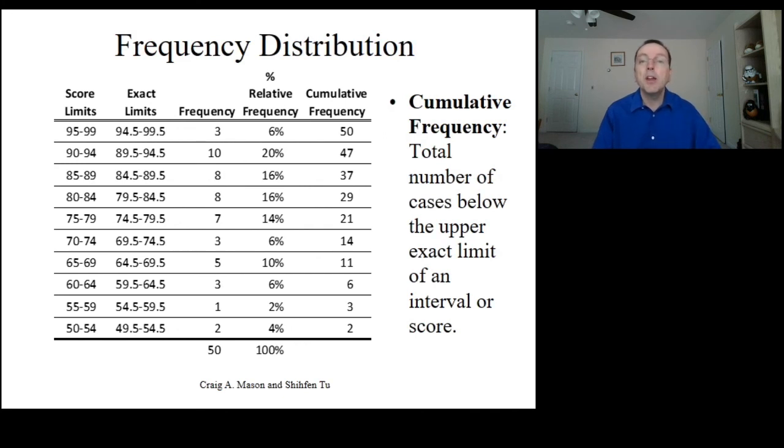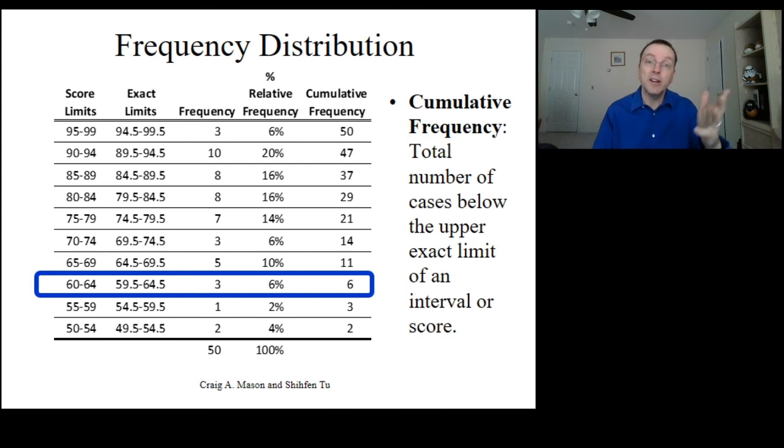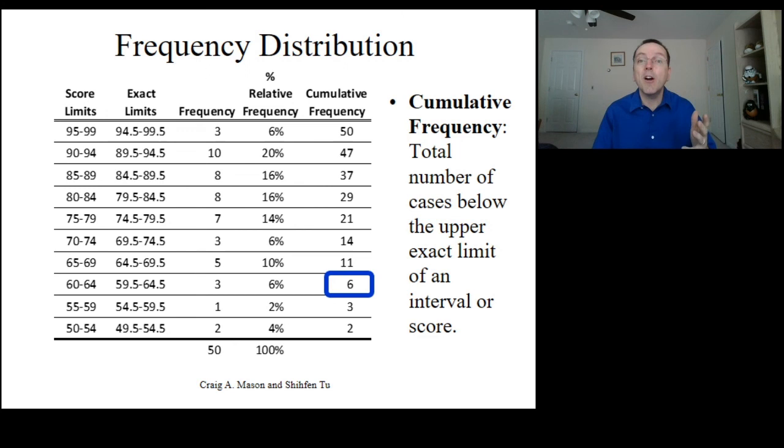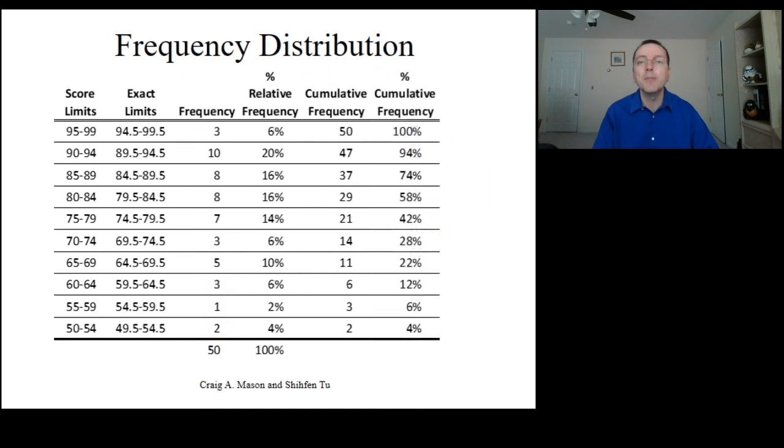For example, the cumulative frequency for 60 to 64 in this case is 6 because there are 3 cases in the 60 to 64 interval, plus 1 case in the 55 to 59 interval, plus 2 cases in the 50 to 54 interval.